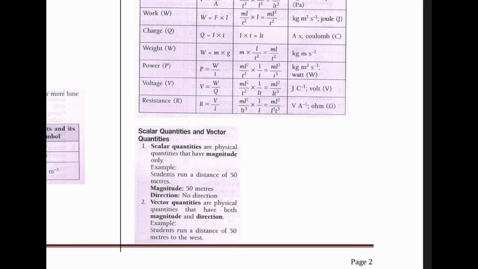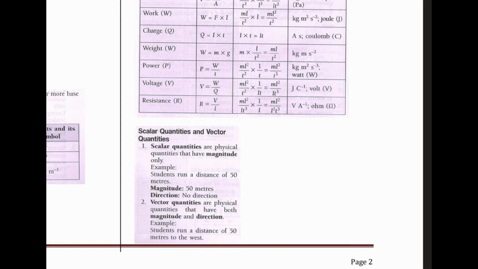Now the second way here, we make the physical quantity into scalar quantities and vector quantities. Okay, so let's see. Scalar quantities are physical quantities that have magnitude only, no direction. That means no direction. Magnitude only. Magnitude means has value only.